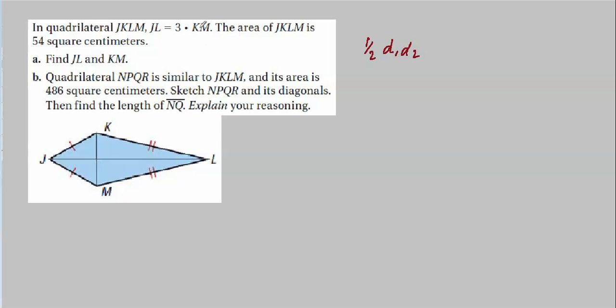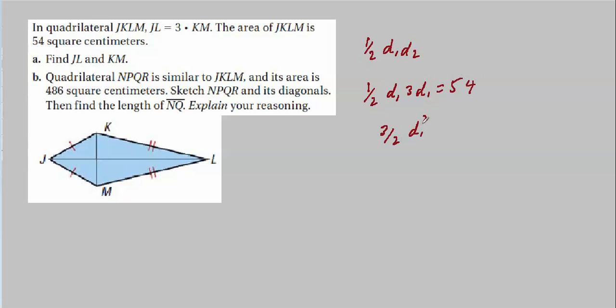Well, they tell us that d2, the long one here, is 3 times d1. So we can rewrite this as 1/2 of d1 times 3d1 equals 54. Well, that gives us the 3/2 d1 squared.